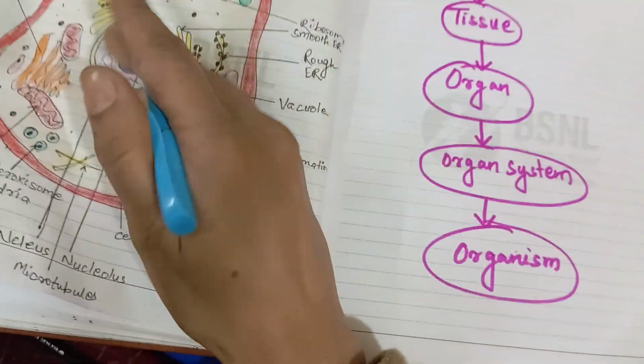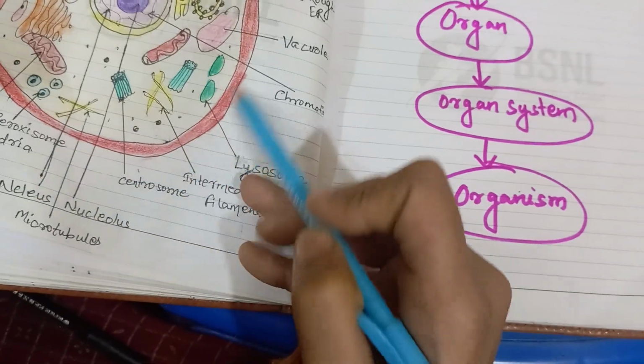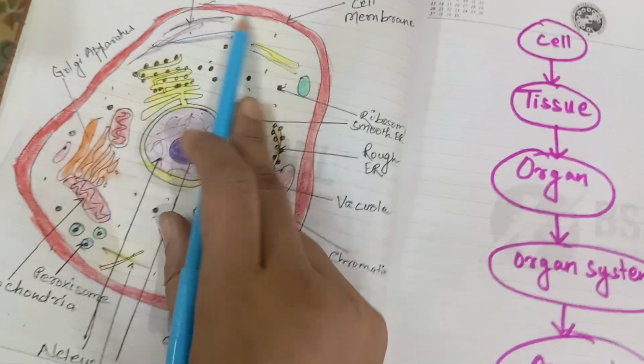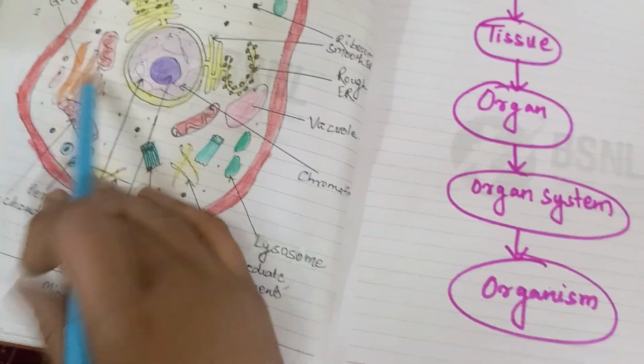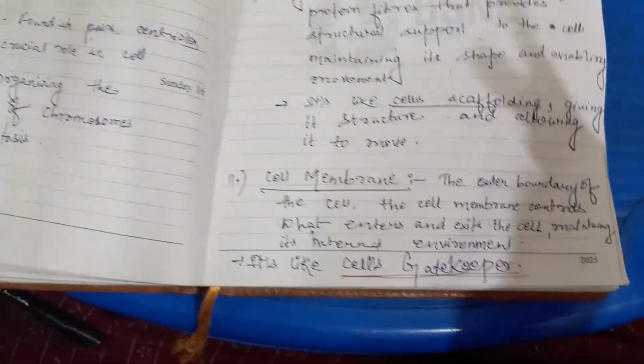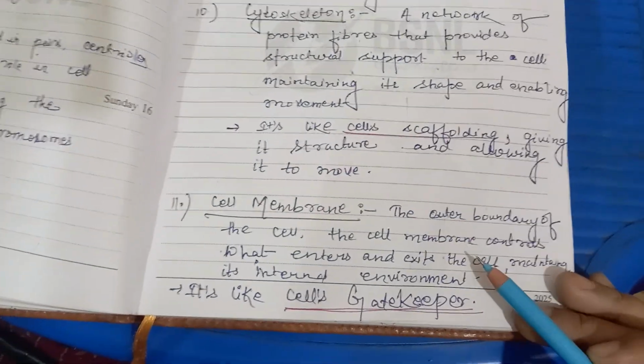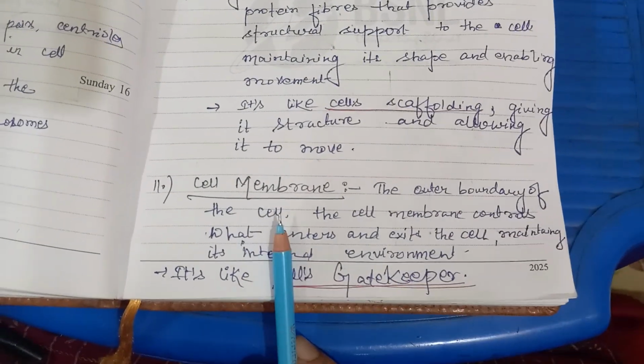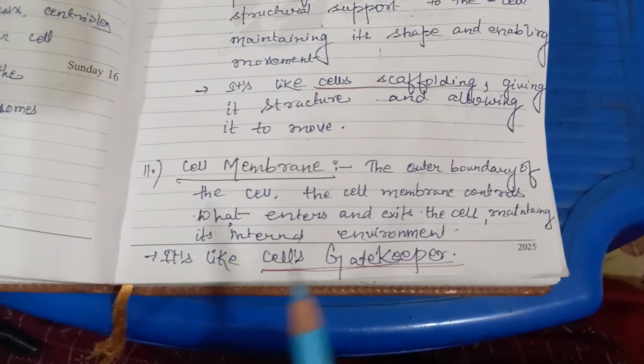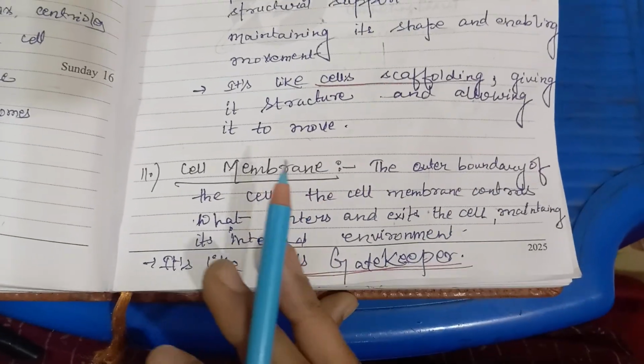Now next is the cell membrane. In the animal cell we have a cell membrane, and the cell membrane is the outer boundary or layer of the cell that gives the shape, you can say.